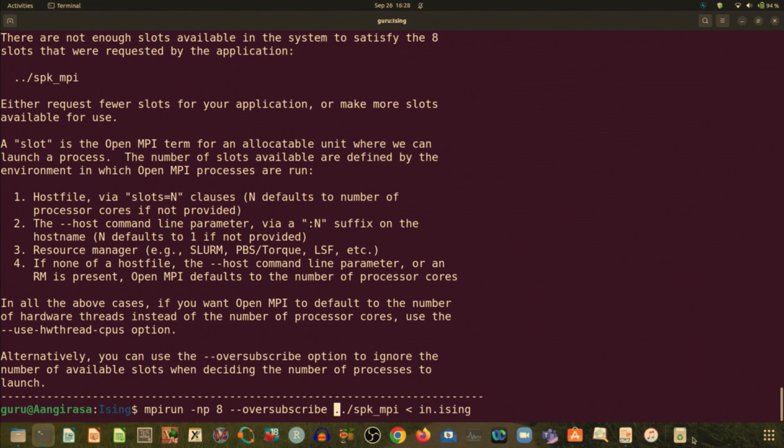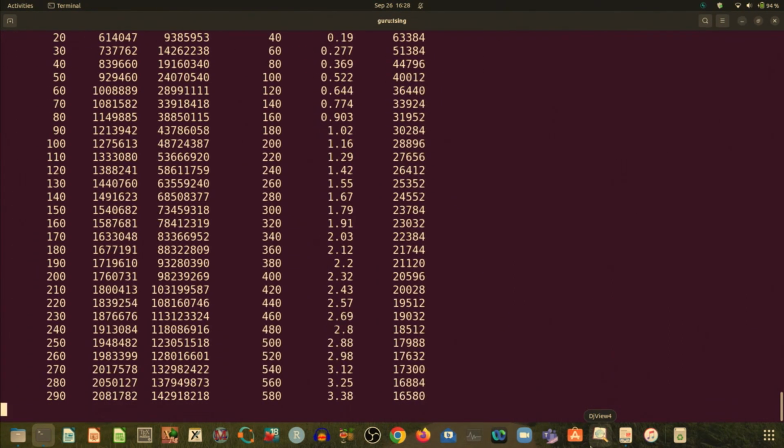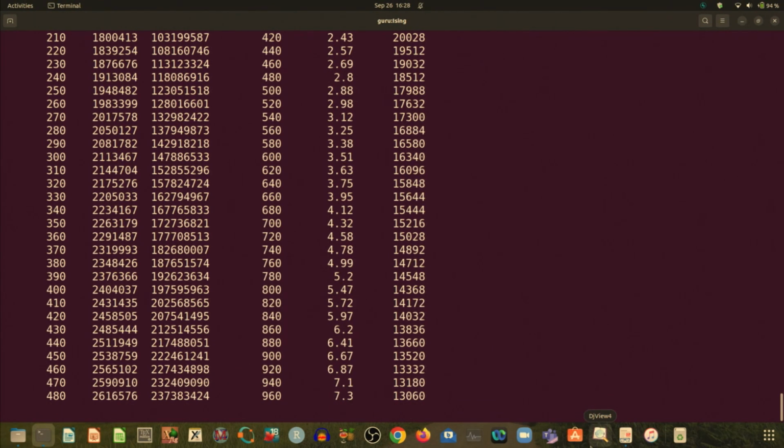You can see here, 3 lines above it says you can use the --oversubscribe option to ignore this and so on. So, you can do that, then it runs. I do not know how much advantage it gives, but we will see.